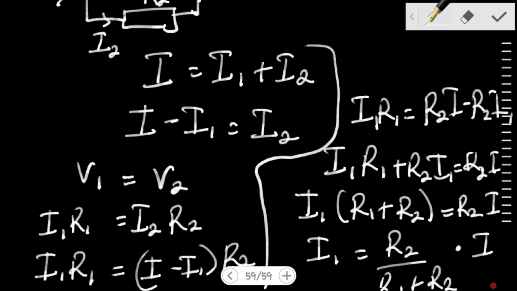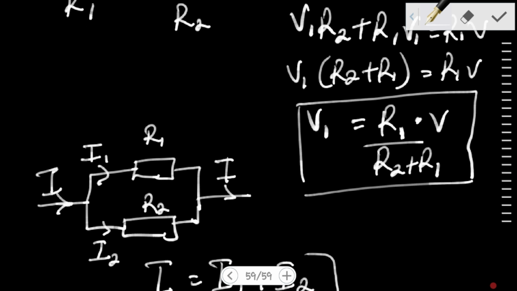Now if you look at this, there's a difference: the current through resistor 1 corresponds to R2 divided by R1 plus R2 times the total current, while in series, using a voltage divider, V1 corresponds to R1 over R2 plus R1 multiplied by the total circuit voltage.